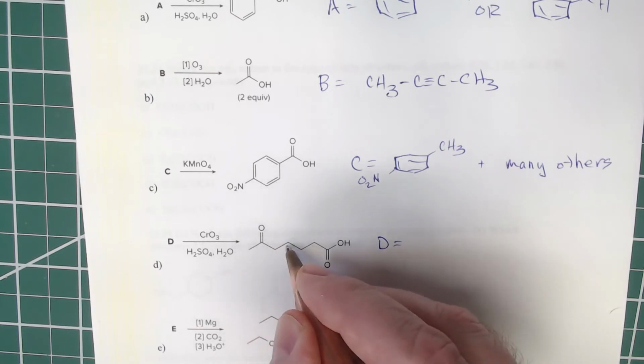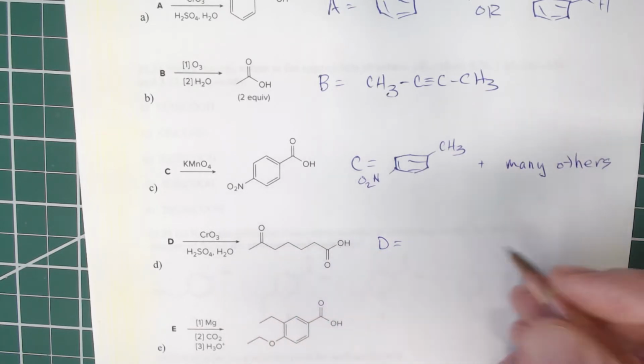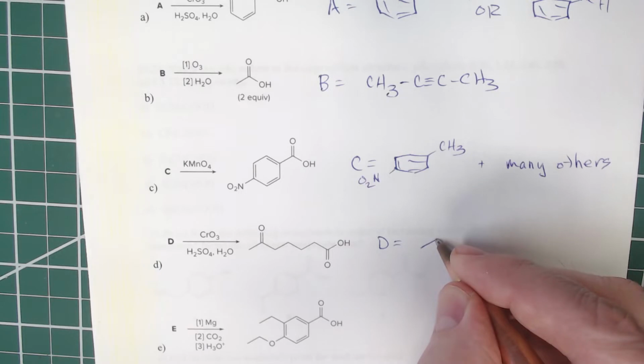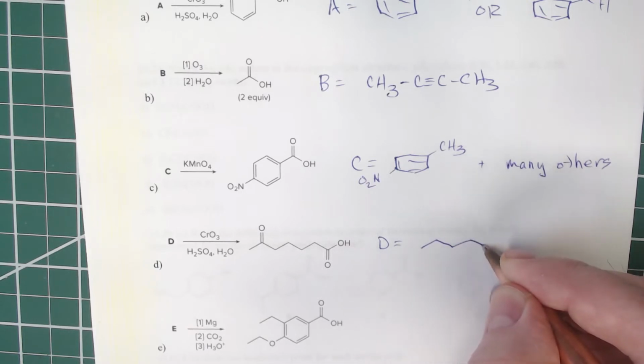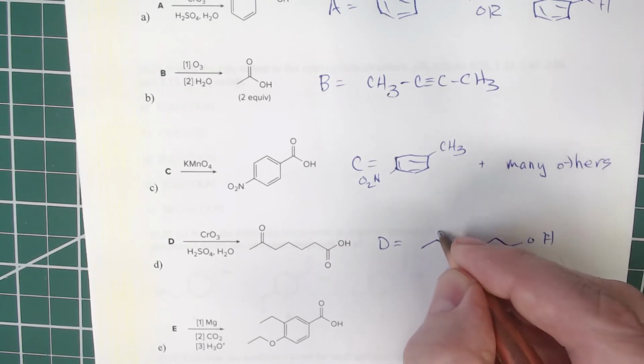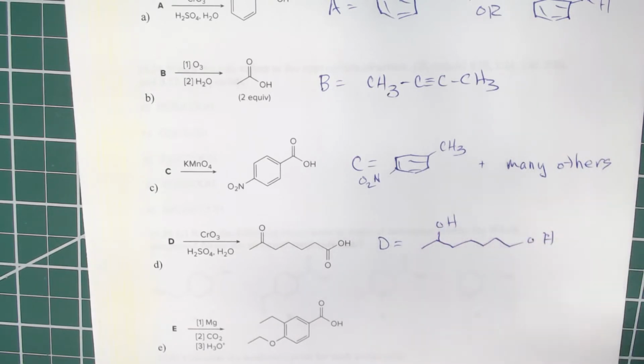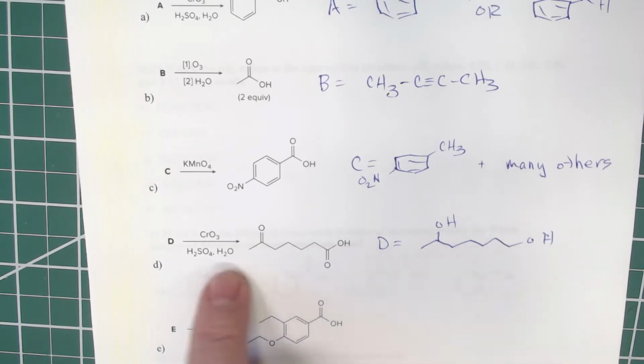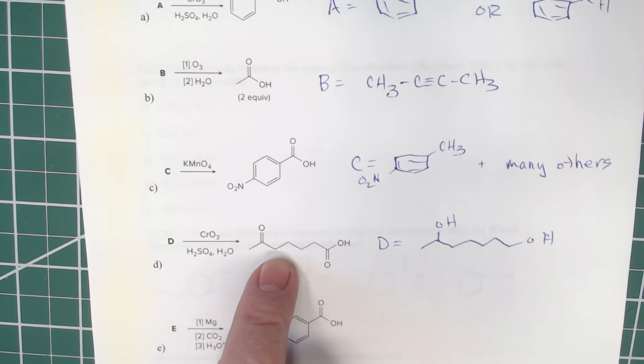So 1, 2, 3, 4, 5, 6, 7. So there are 7 carbons. So we could have this diol, and that would definitely do it. So 1, 2, 3, 4, 5, 6, 7. So there's 7 carbons there. That would give you that.